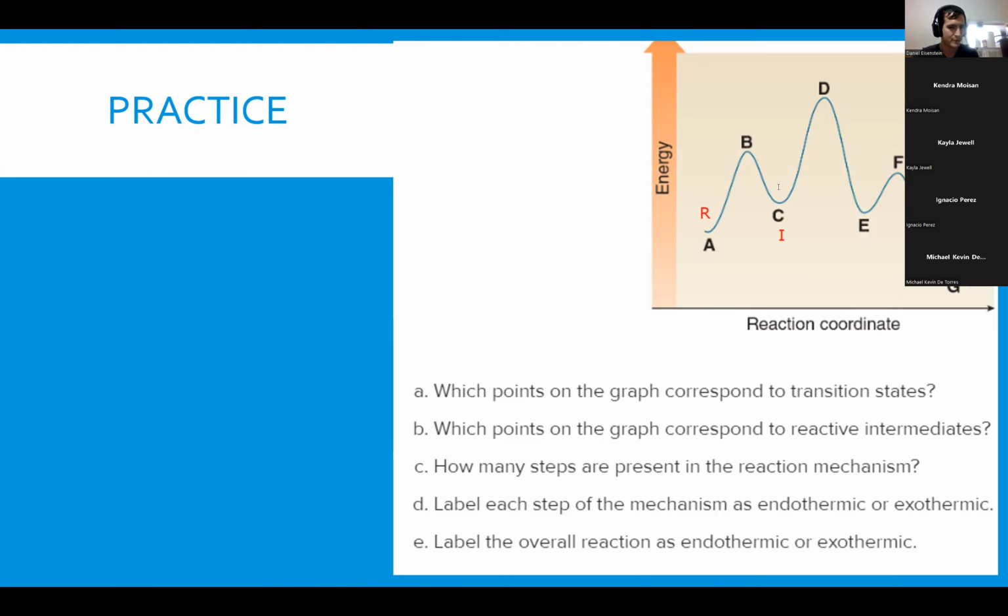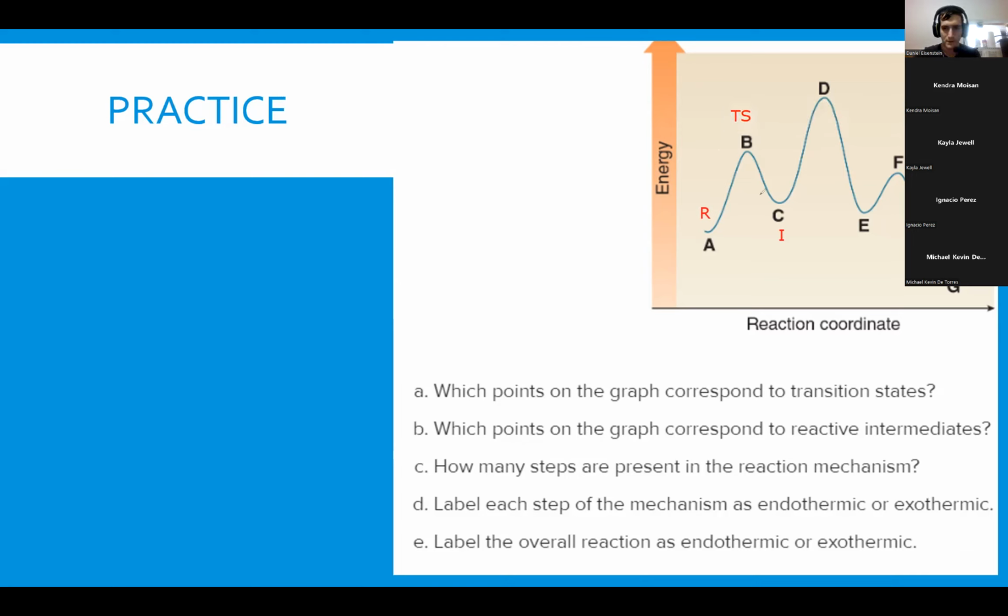So an intermediate is going to be lower in energy than a transition state, because a transition state doesn't even need to last for a millionth of a second. In fact, we do not think that transition states actually exist, because they can't be isolated, right?